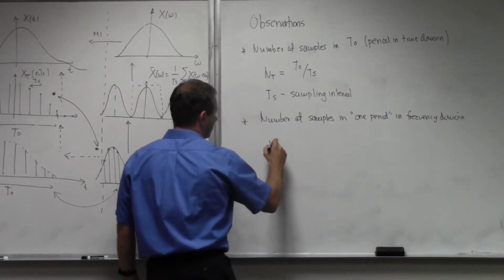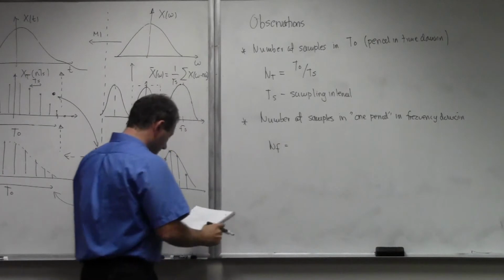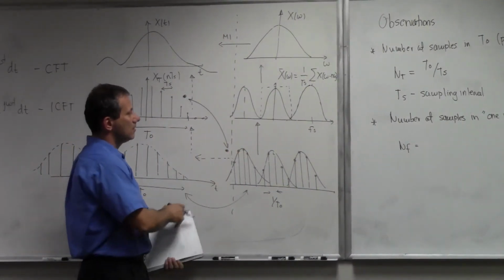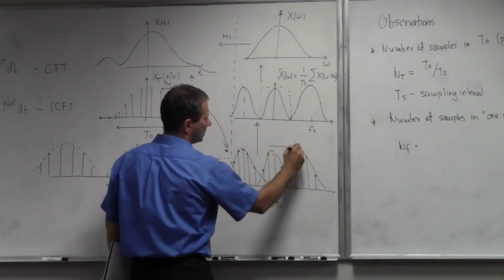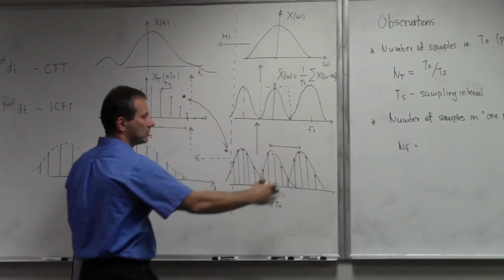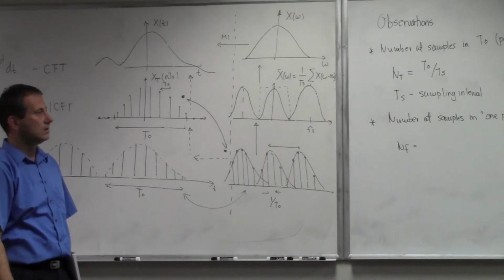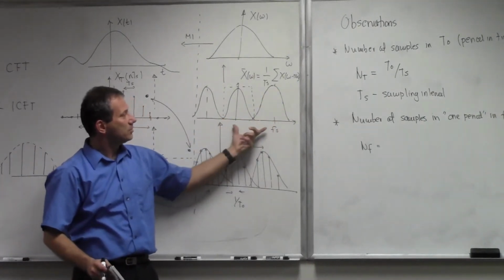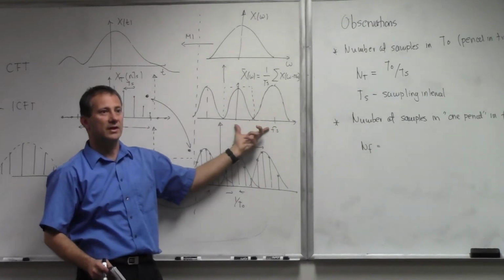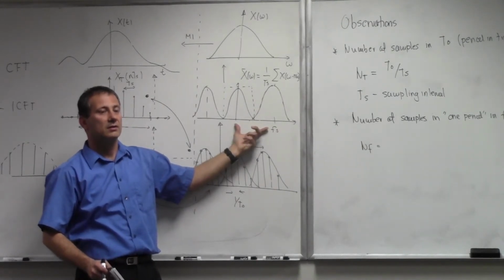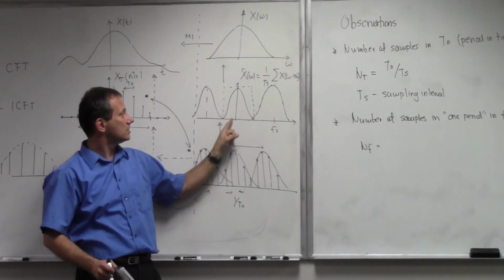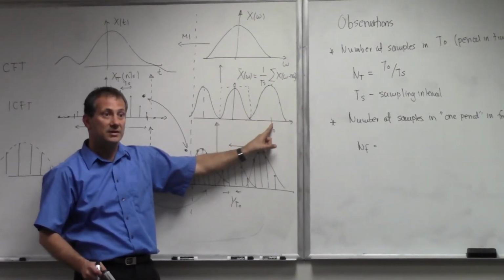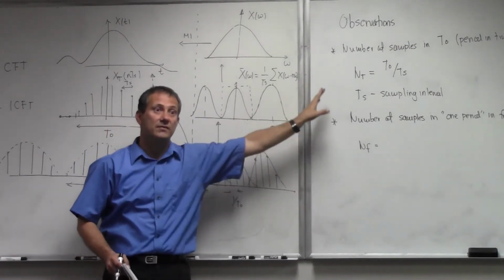Let's call that NF. Well, let me ask you this. What is the period in the frequency domain? How long before this spectrum starts repeating? It's a periodic extension here. What's the period along the f-axis? This is the spectrum here, then it repeats again after fs, 2fs, 3fs, and so on.